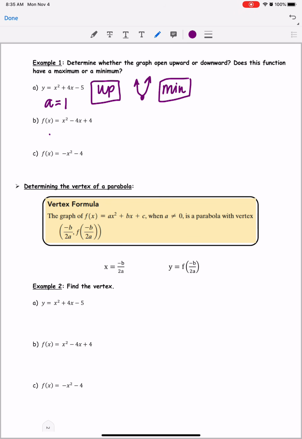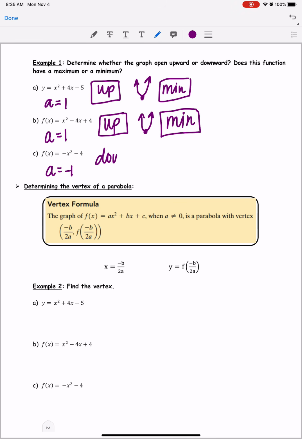Here, figure out what your a is. Again, we have nothing there, so that means my a is 1. So that opens up. Because it opens up like so, I have a vertex down here at the bottom, and so it's got a minimum. And now here, because we've got a negative x squared, my a is a negative 1. Because it is negative, it is going to open down.